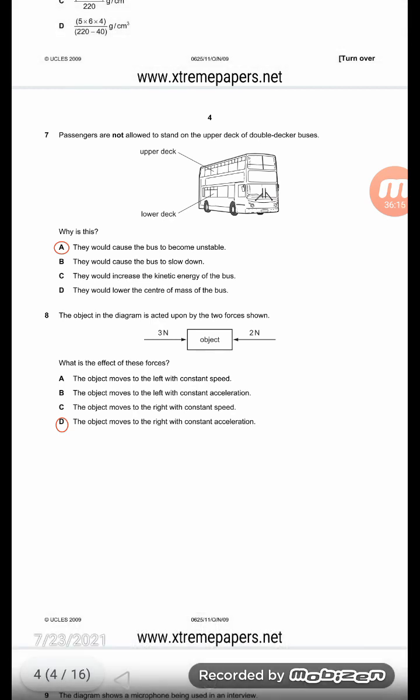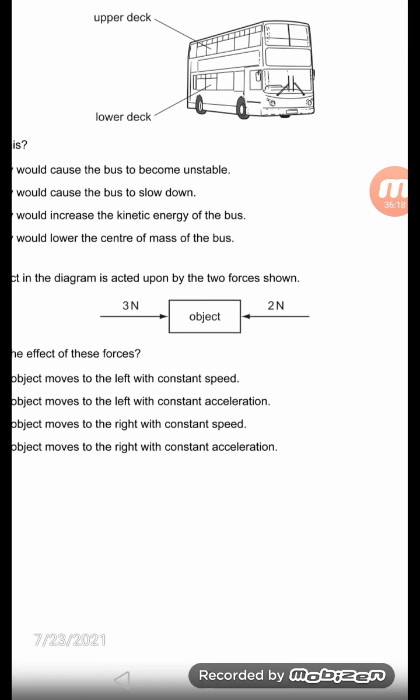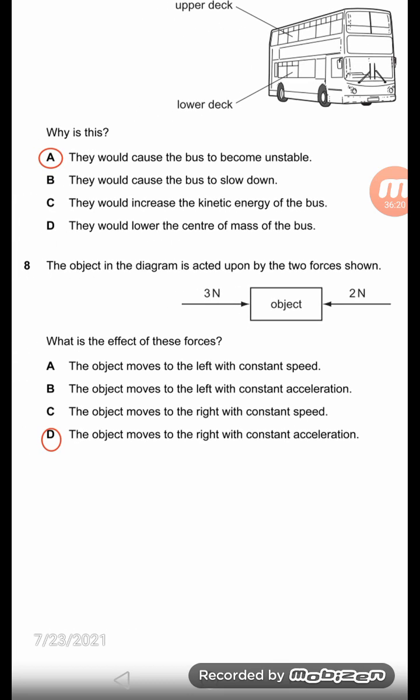So the diagram shows two forces acting, 2 from here, 3 from here. What is the effect of this force? The object will move to the left with constant speed. They are not pulling it, they are pushing it. How will it move left?